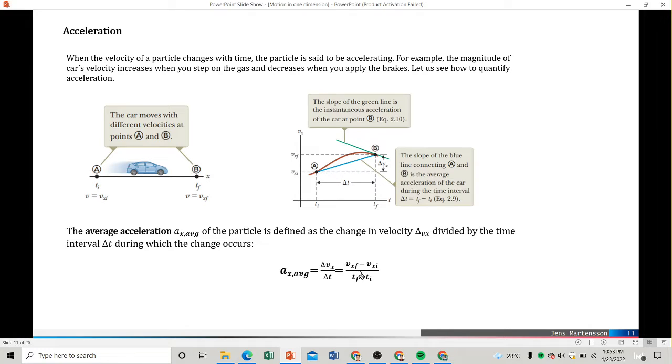Here it is the change of velocity, the final velocity minus the initial velocity, with respect to the time interval, t final minus t initial.